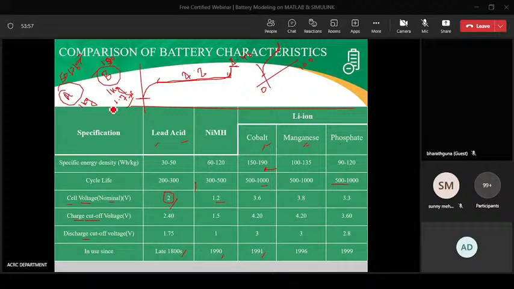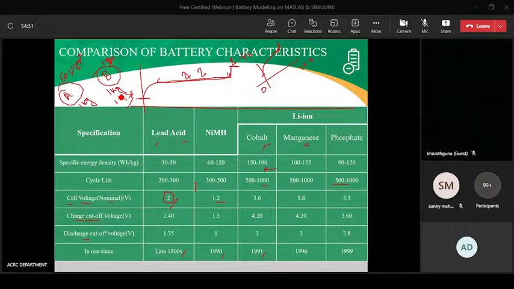So I have taken 1 kg of lead acid battery and 1 kg of lithium ion battery. In which chemistry will I have more energy, A or B? B. That's why the batteries we use in electric vehicles have higher energy density, so we can store more energy.